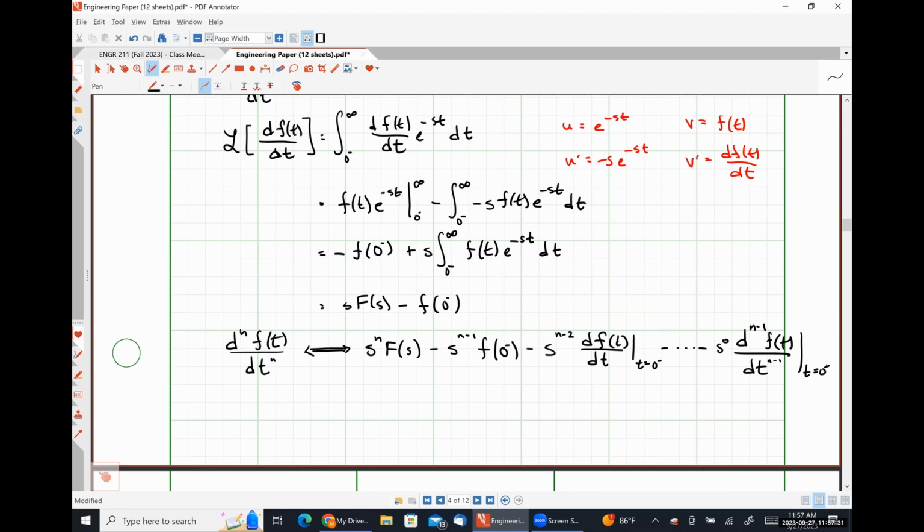All right, so this is time derivation or time differentiation. Technically speaking, there's also a frequency differentiation property of the Laplace transform as well.